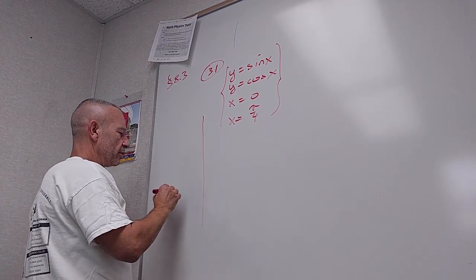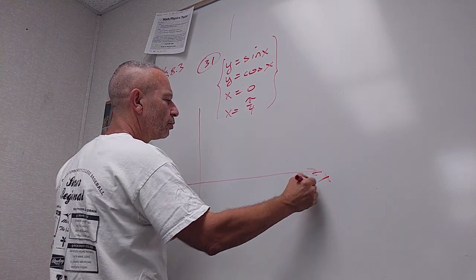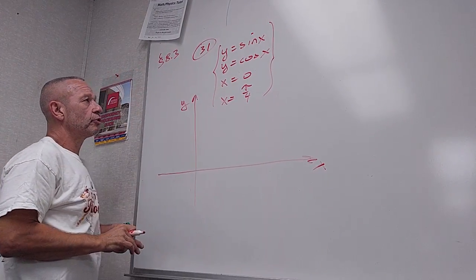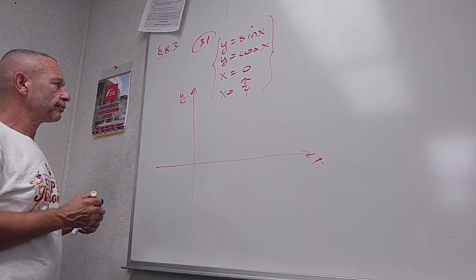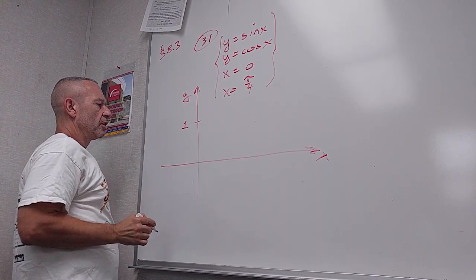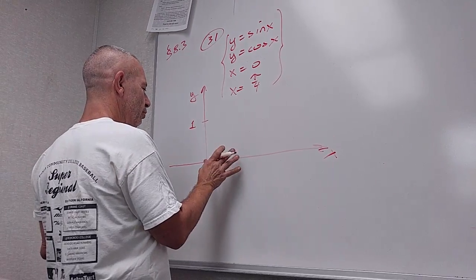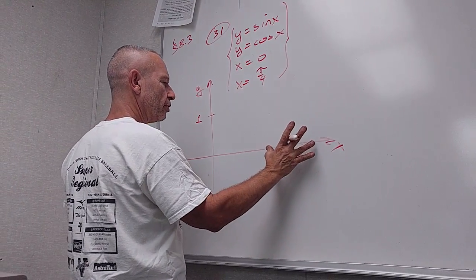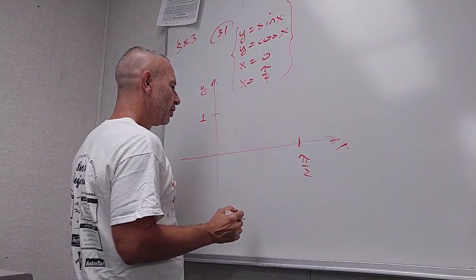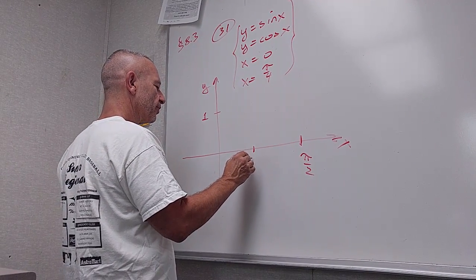So I will rely on your previous knowledge of trigonometry and assume that you can draw the sine. If that's 1, then pi over 2 is roughly here. So pi over 4 is roughly here.